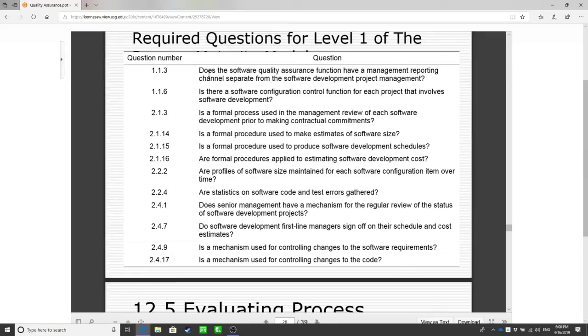If we follow this formal software process, sometimes we conduct this review, but it's a random process, right? And a lot of things like them, such as whether there is a formal procedure used to produce software development schedules.